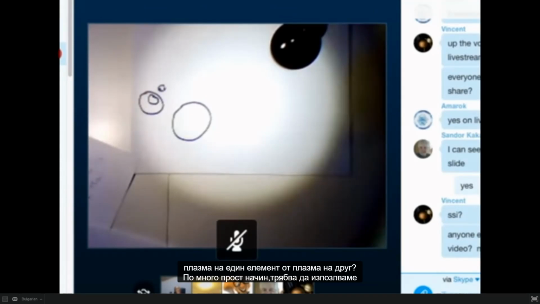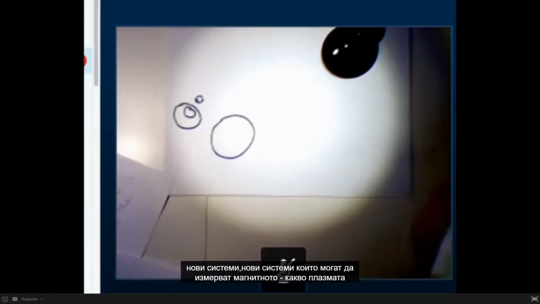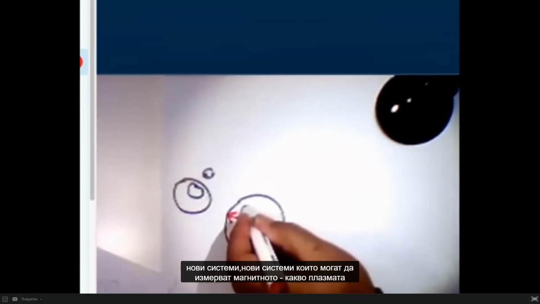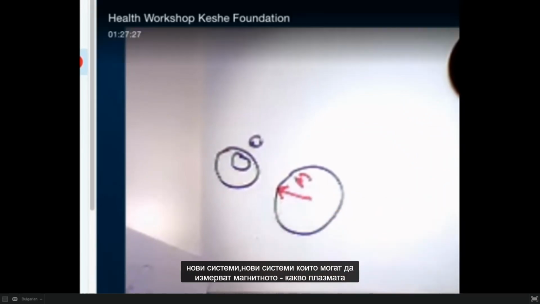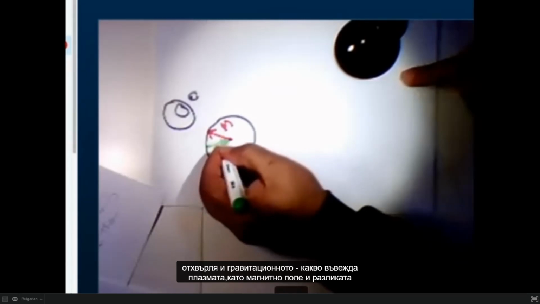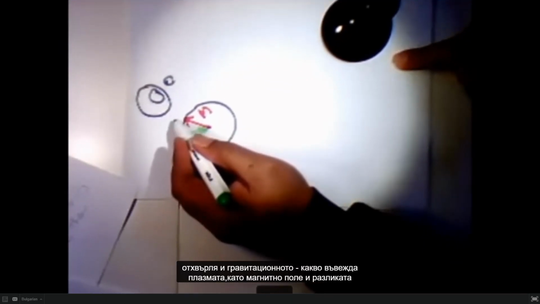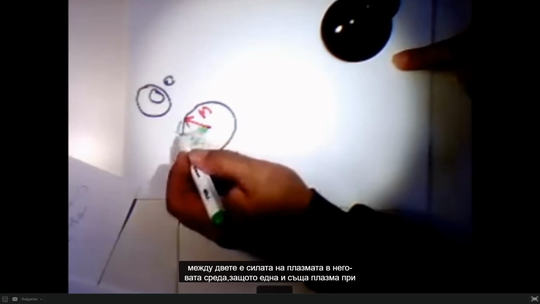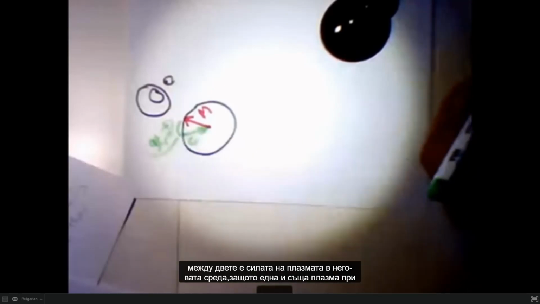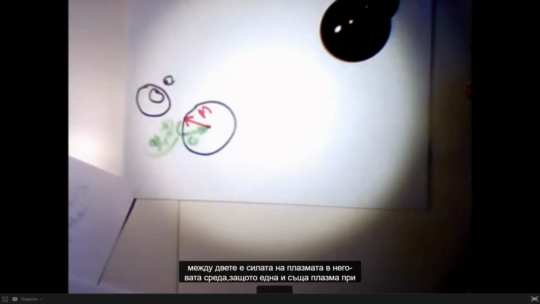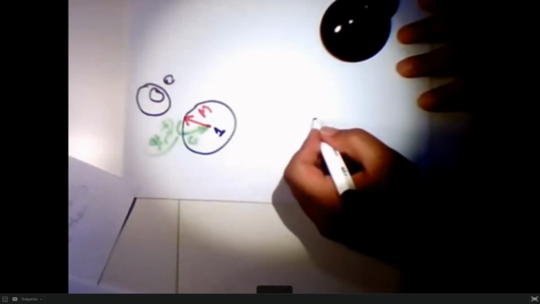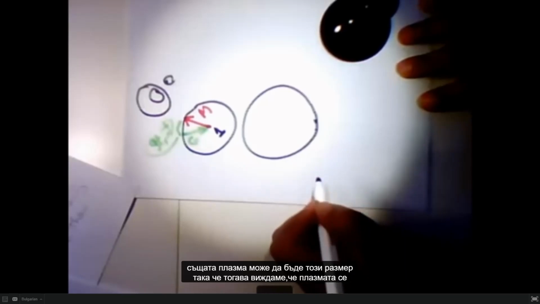In a very simple way, we have to devise new systems, where they can measure the magnetic, what the plasma rejects, and the gravitational, what the plasma brings in as magnetic field. The difference between the two is the strength of that plasma in its environment. Because the same plasma on Earth can be this size, but when we go to another position, the same plasma can be this size.